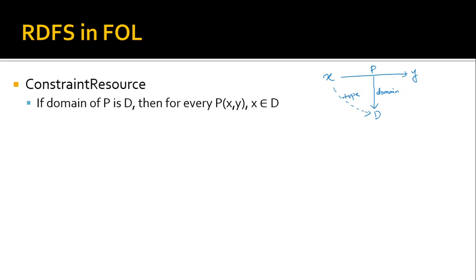How do we write that? This is the domain of P, the domain, which is basically your P in the property hierarchy.